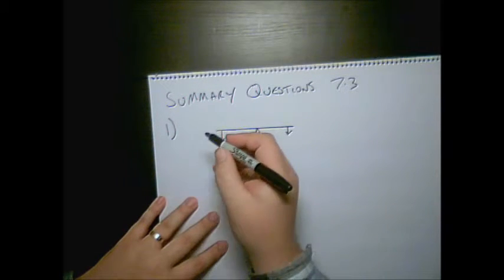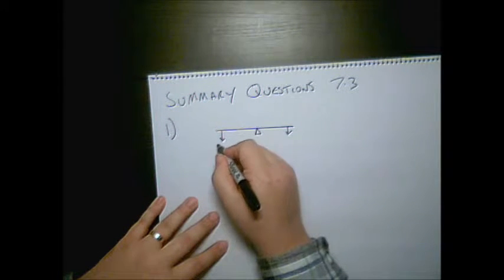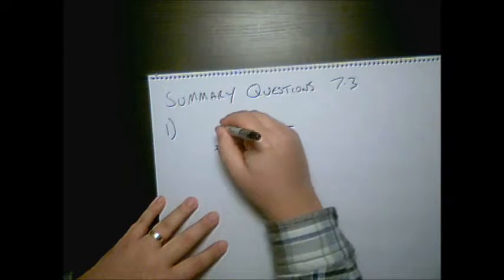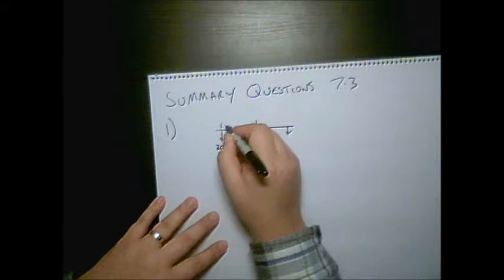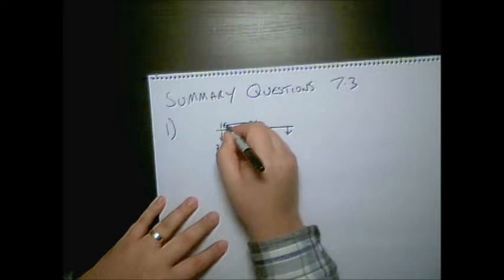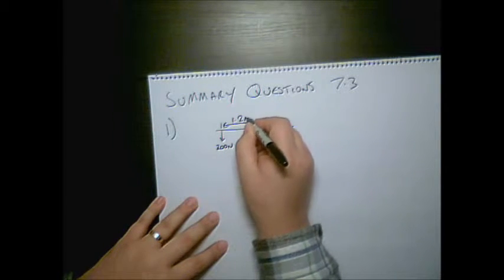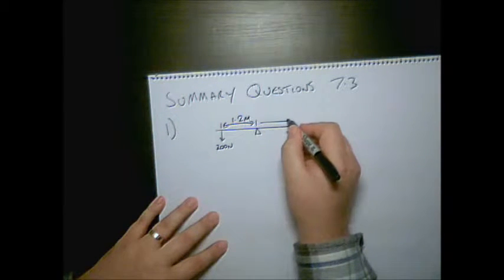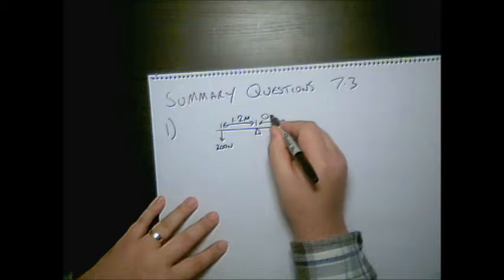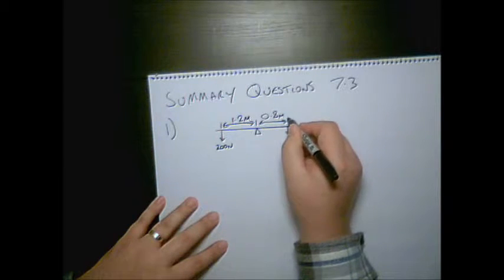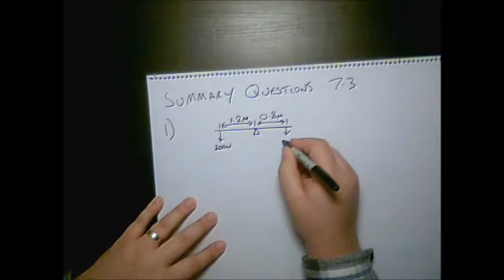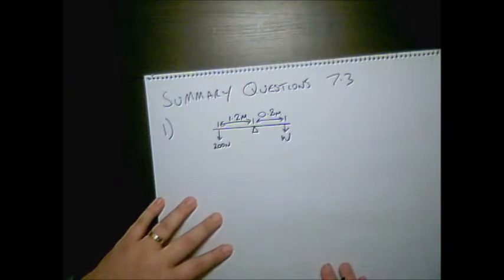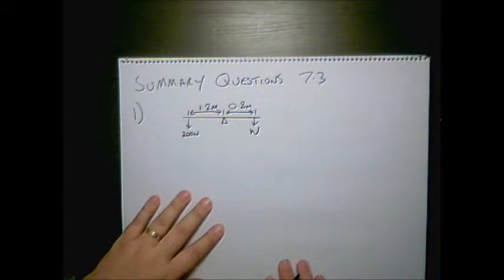So we've got one child here of 200 newtons, and he's sitting at a distance of 1.2 metres. And then we have a second child sitting at 0.8 metres, and their weight we don't know. Always draw a diagram out. We've got a diagram now.